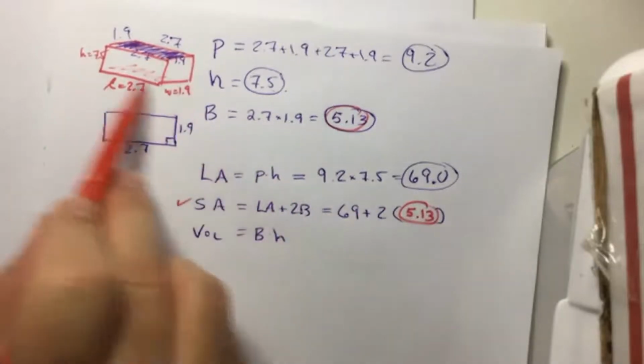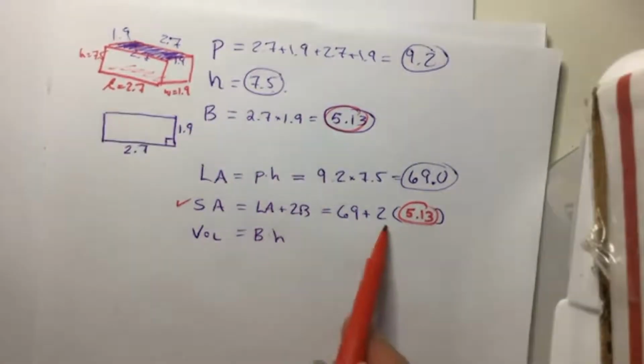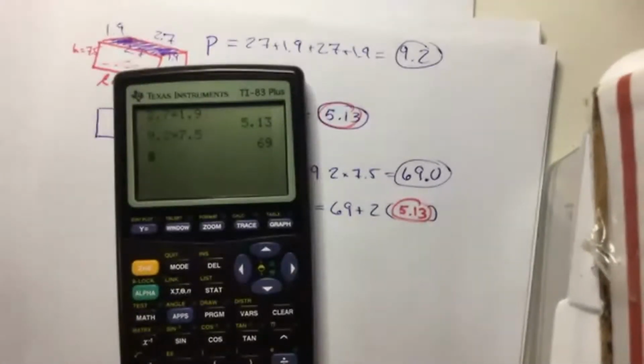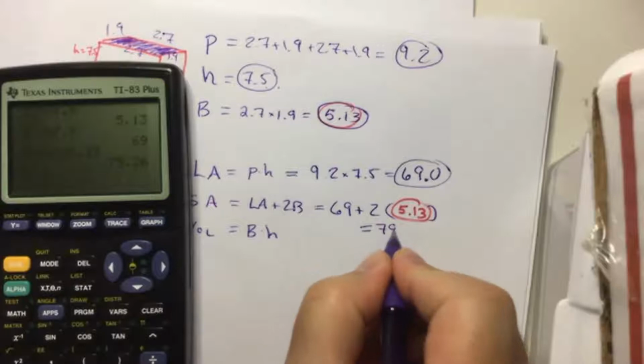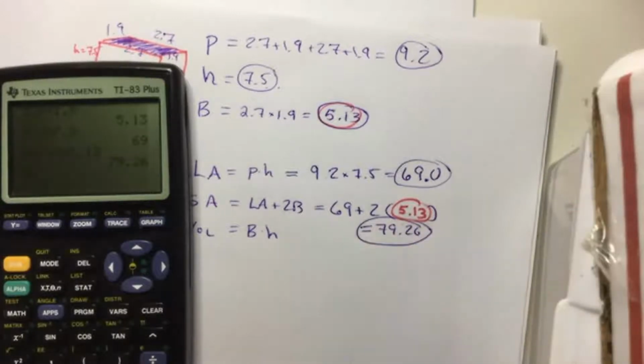So I'm going to take my lateral area plus 2 bases. And then I'll just put it in my calculator and say 69 plus 2 times 5.13. That's my answer. Any questions?